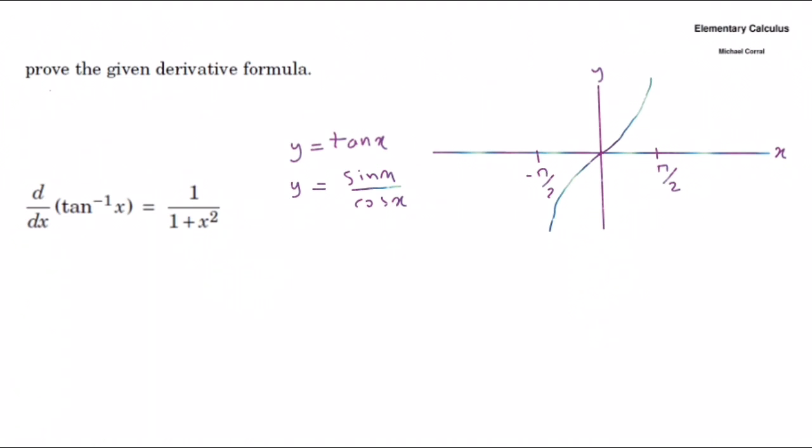And in this domain, negative pi over 2 to pi over 2, the function of tangent x is one-to-one and is invertible. So the inverse function y equals the inverse function of tangent x, its graph is like this.